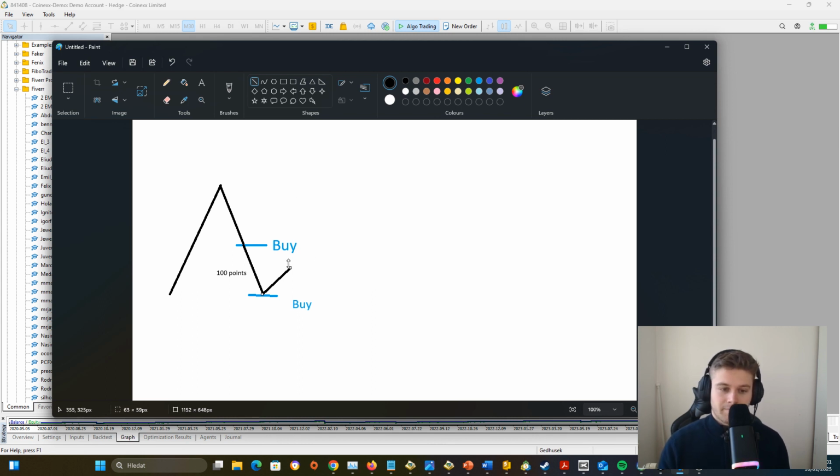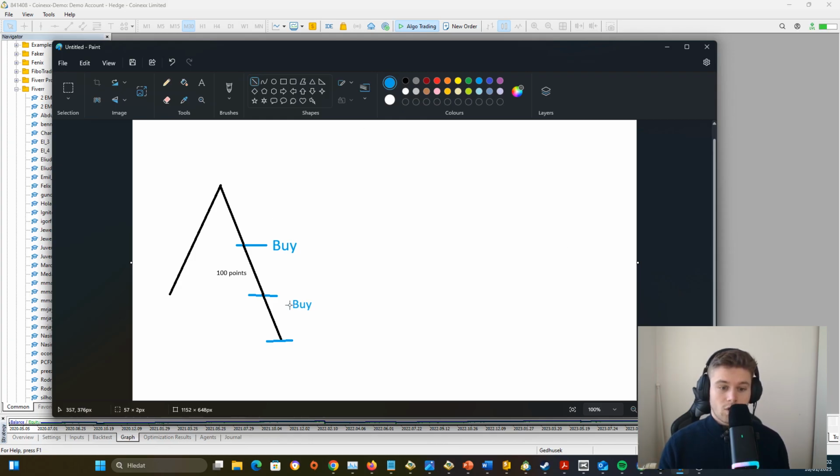The same thing applies in case the price continues to go down. So now the price continues to go down right here. Let's say this is another 100 points. We open an additional buy position right here. Now I think it's pretty simple to understand what has to happen in order for us to be at break even.